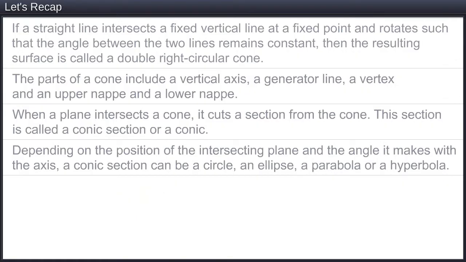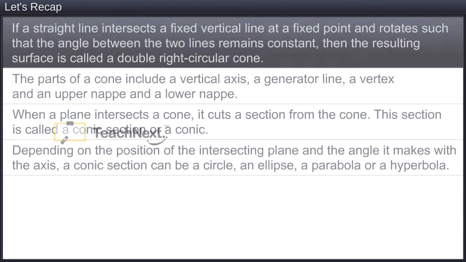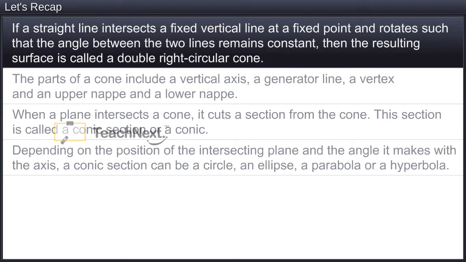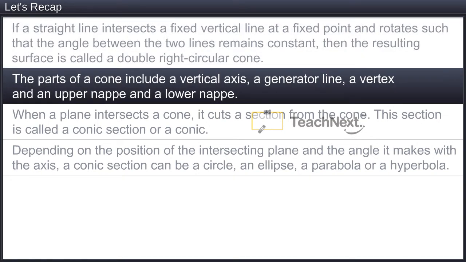In this module, you learned that if a straight line intersects a fixed vertical line at a fixed point and rotates such that the angle between the two lines remains constant, then the resulting surface is called a double right circular cone. The parts of a cone include a vertical axis, a generator line, a vertex, and an upper nappe and a lower nappe.